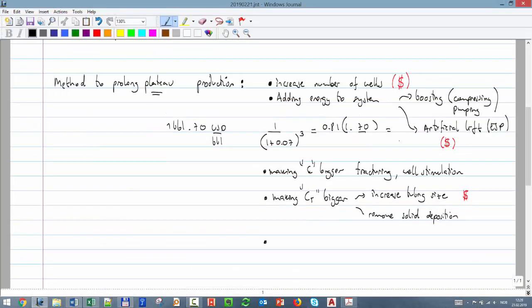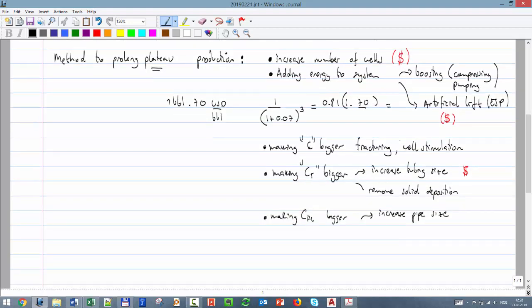But we can put it here, making C of the flow line bigger. That is simply by saying increase the pipe size, which can be a cheap solution, or it can be an expensive solution depending on the size, the length of the pipe. Cleaning?